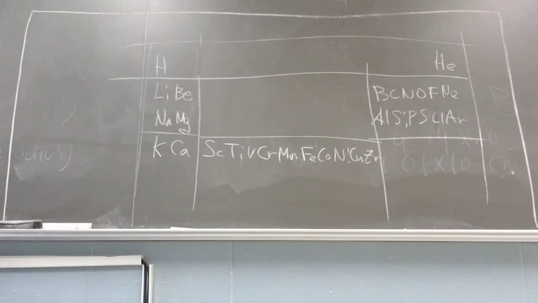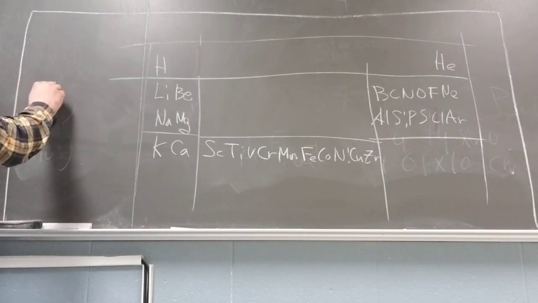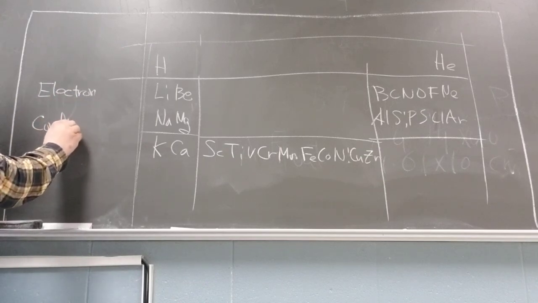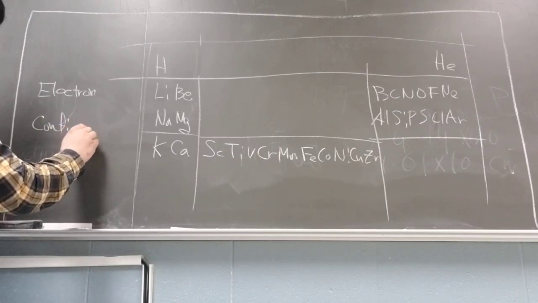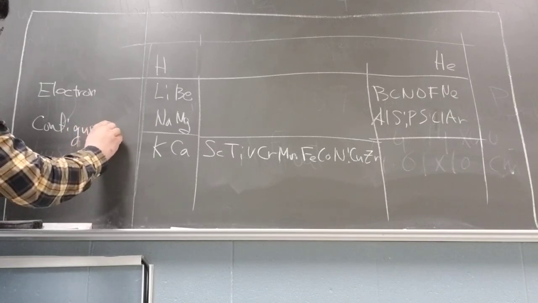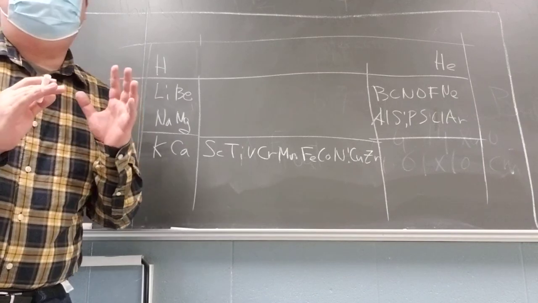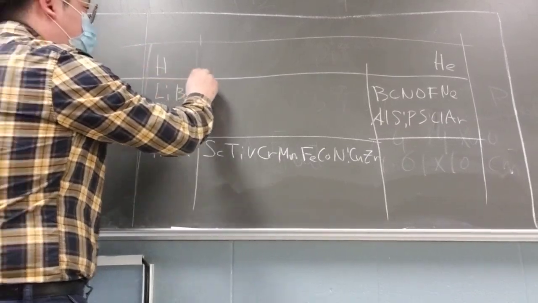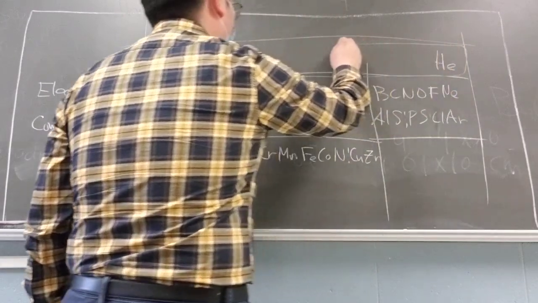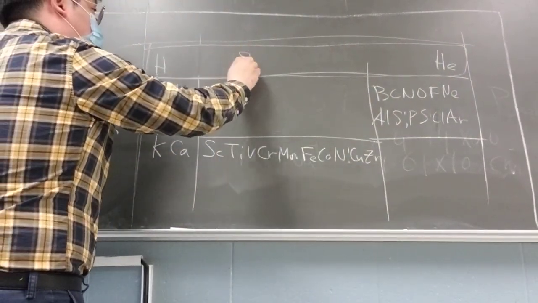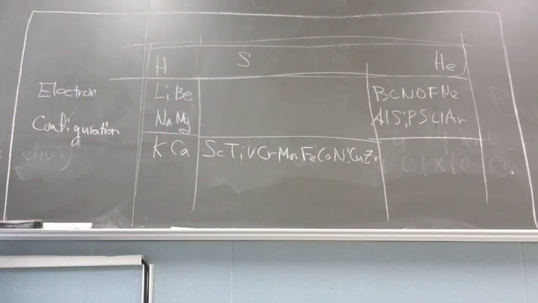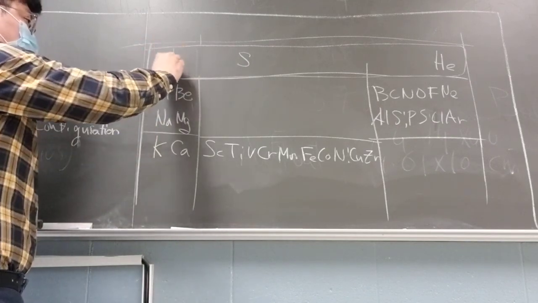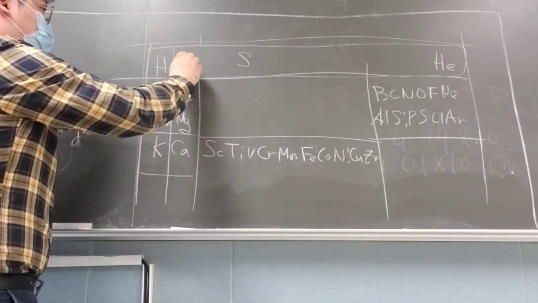So we talked about the electron configuration form. Here's a couple things I want you to remember. This first row on your periodic table is the S block. The first and second columns are also S block.